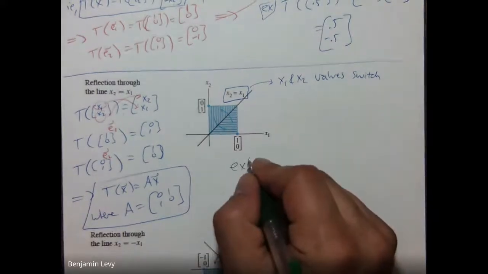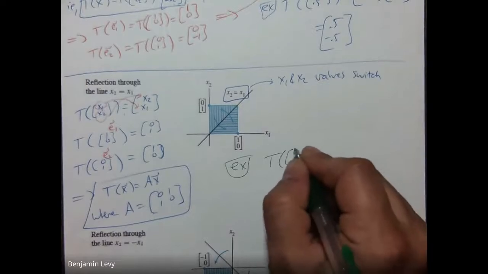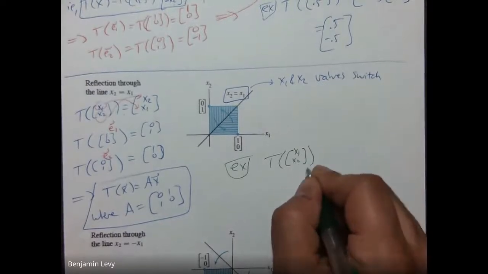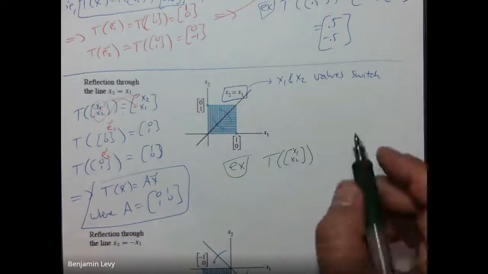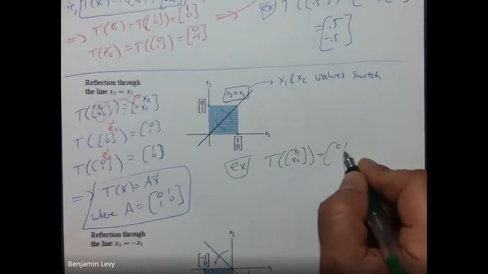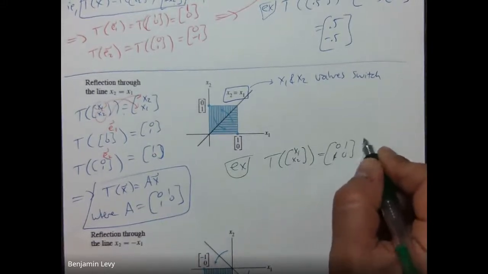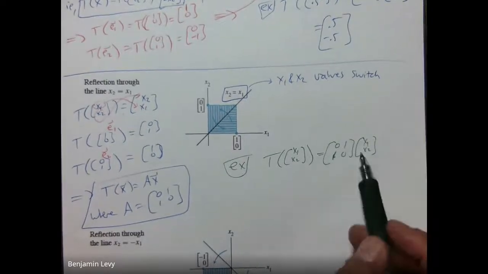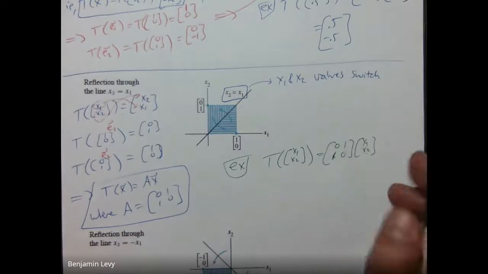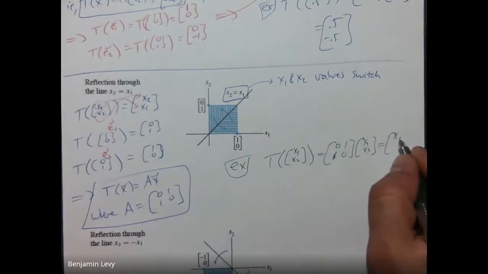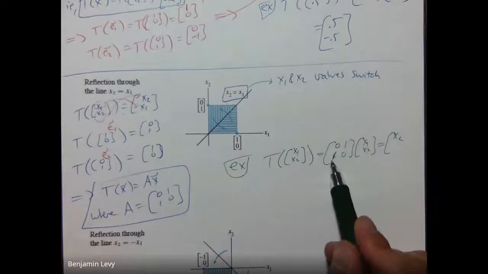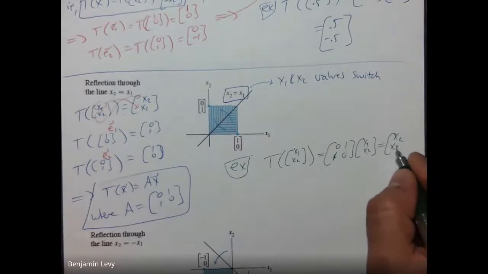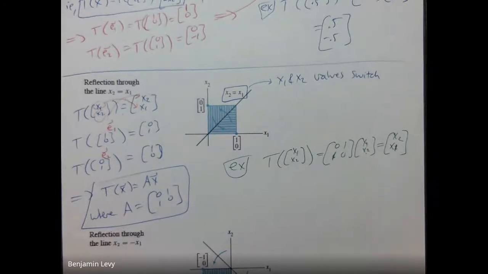If you apply the transformation to some general (x1, x2) and multiply by that matrix, the x2 multiplies that 1 and ends up on the top now. The x1 multiplies that 1 and ends up on the bottom now. Oops, that should be a 1. See how that worked? It's kind of cool.